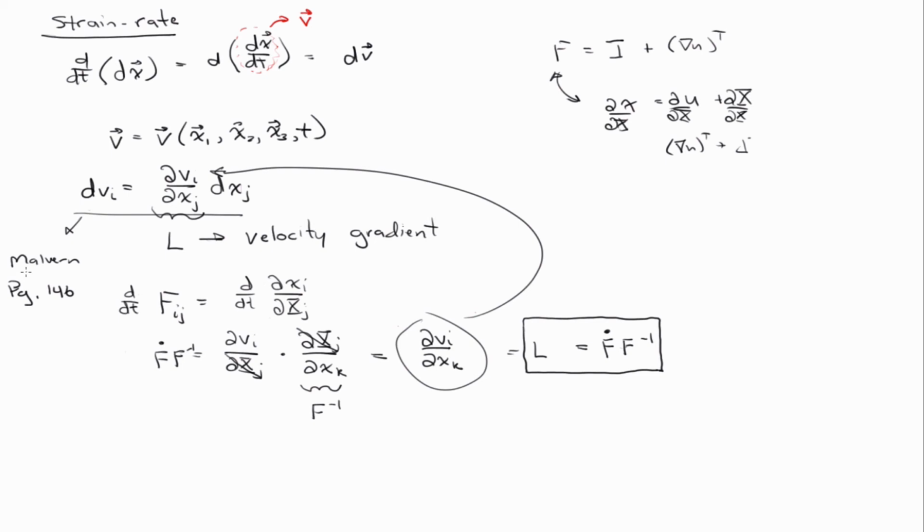But the way you can think of this is that it's not a derivative, it's just an incremental change in an instant of time, right? So this is the velocity gradient that an observer would measure in the deformed configuration without any knowledge of the trajectory. It's the instantaneous tangent velocity in the current configuration.